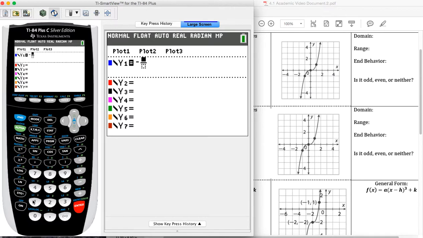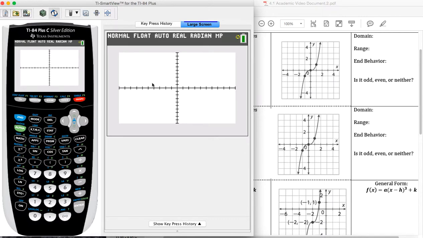Then you have a 1 on top and a 2 on the bottom. Then you move over 1, open parentheses, x minus 3 to the power 3, and then there's no k. So if I graph it, it will give me an idea of how my graph will look like.